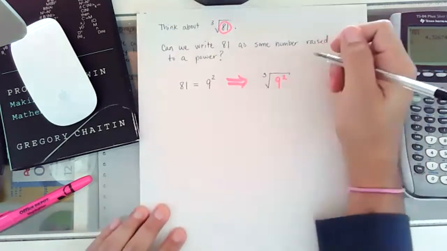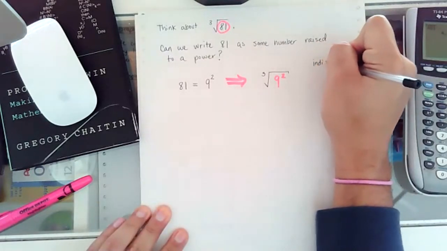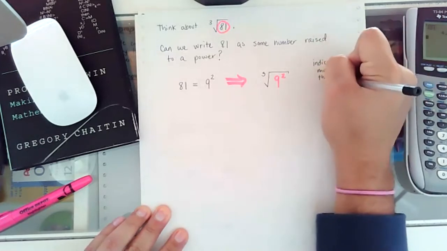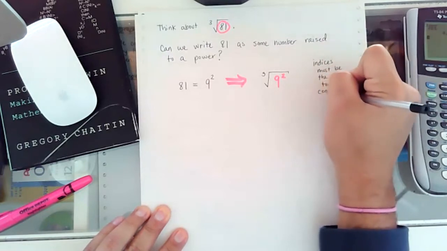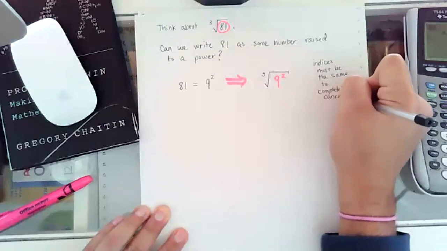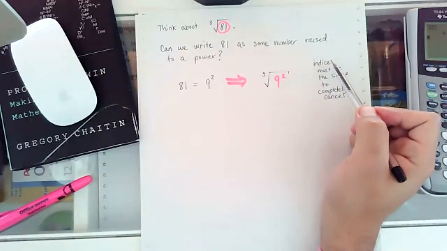And the answer is that the indices must be the same to completely cancel. What is an index? Indices is just plural for index.